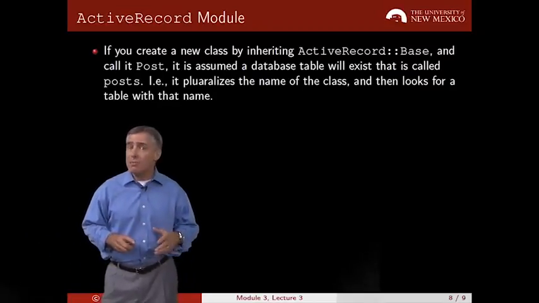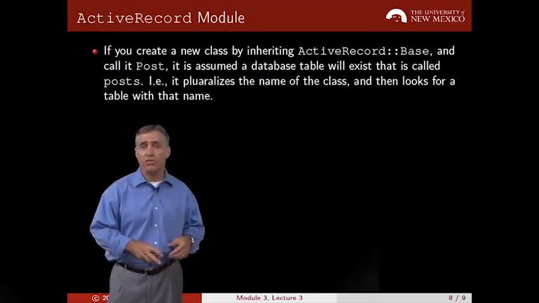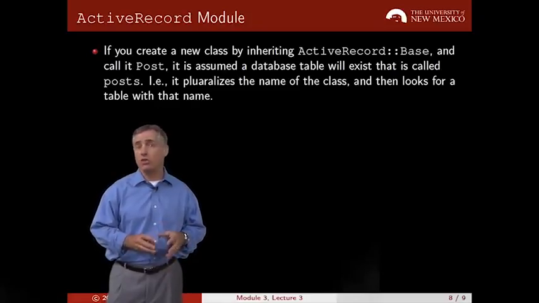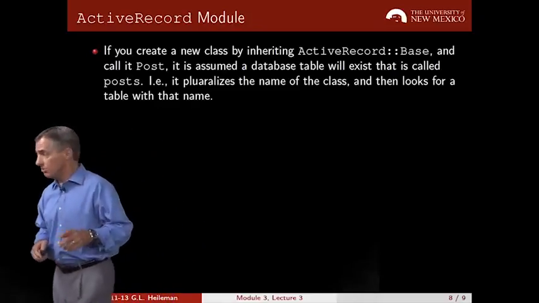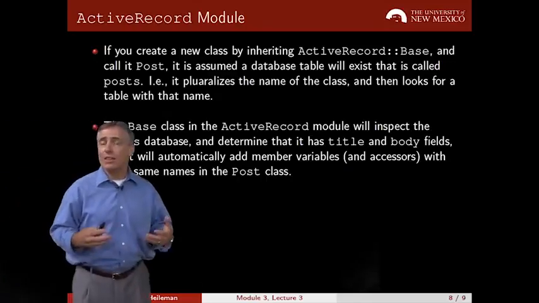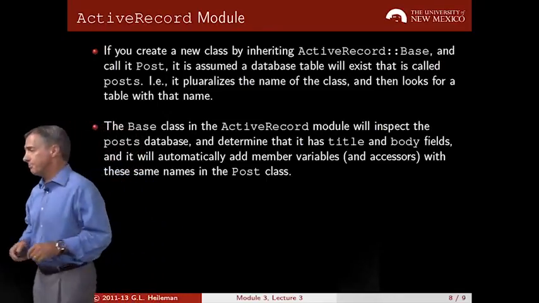It assumes that the database exists and that in the database there's a table called posts, and Rails has a mechanism for automatically pluralizing any objects that you create using the Active Record Base class. Now, the base class in the Active Record module inspects the post database, and based upon what it finds there, it adds various methods. So automatically you'll have a method for inspecting the title and the body of your post because you've used Active Record.